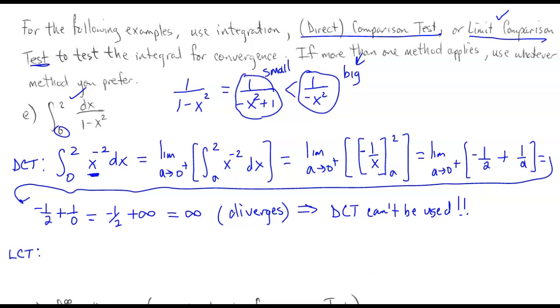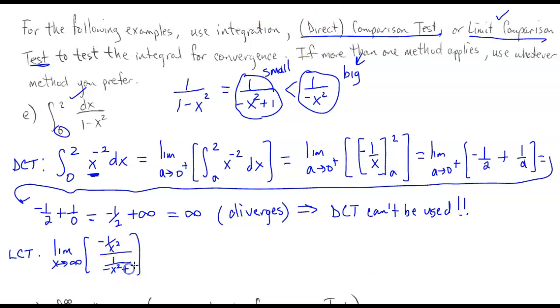So the only other thing that we are left to do here is to figure out, if I take the limit as x approaches infinity of my big function divided by my smaller function, will this result end up being a real number that is finite and positive?